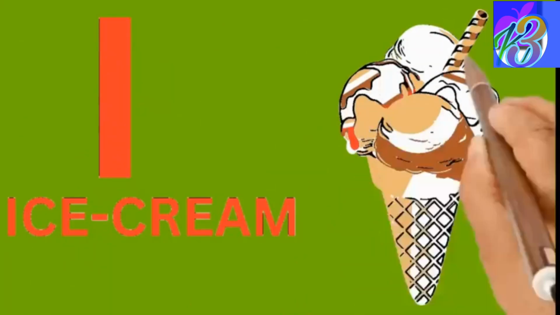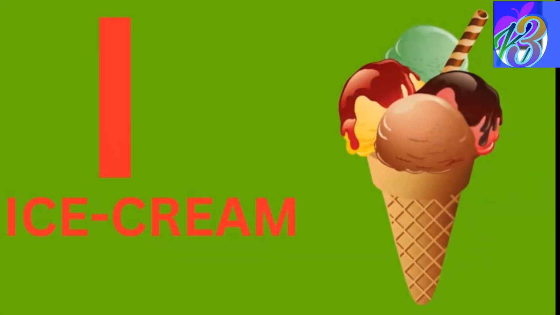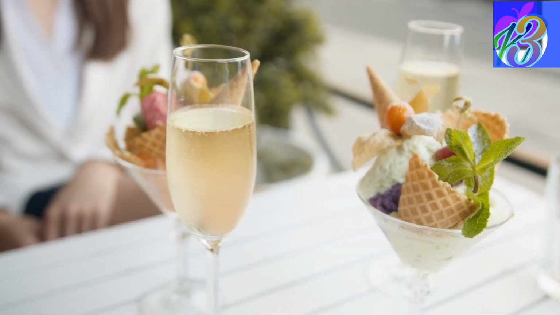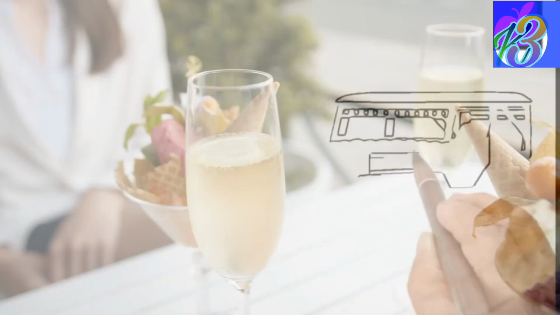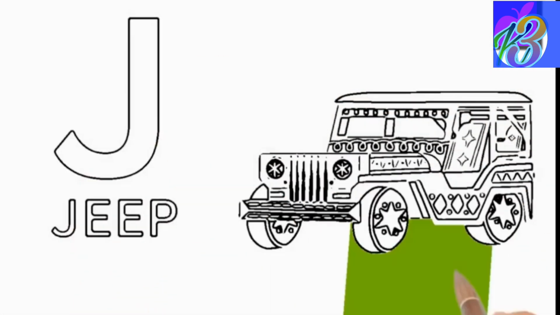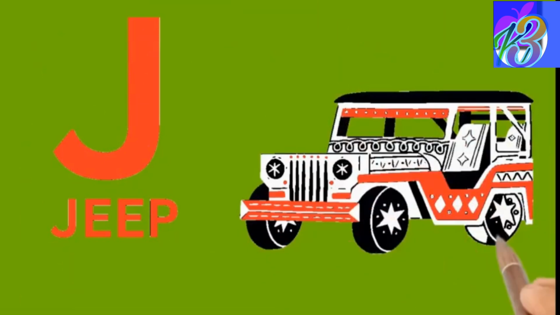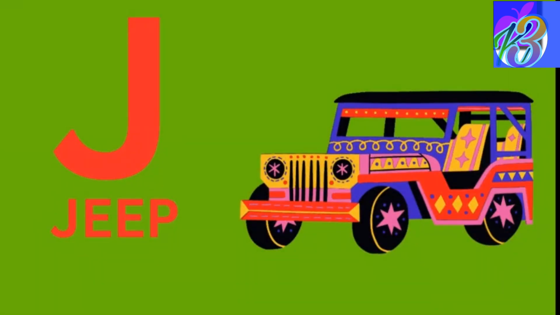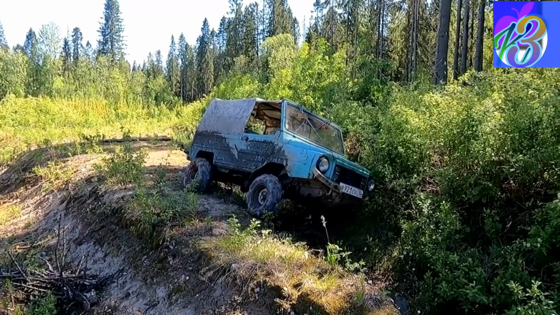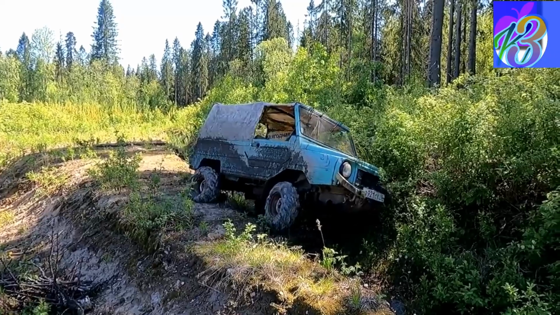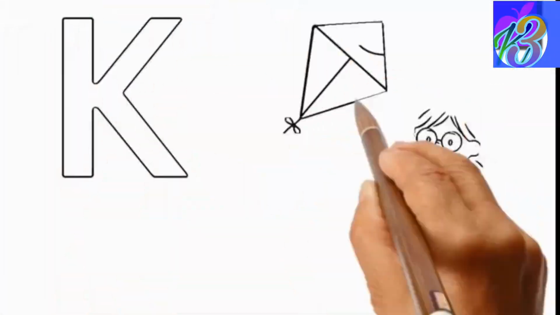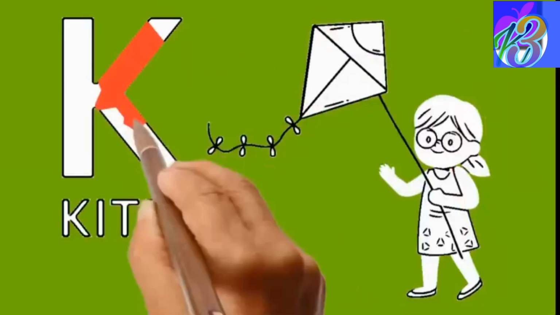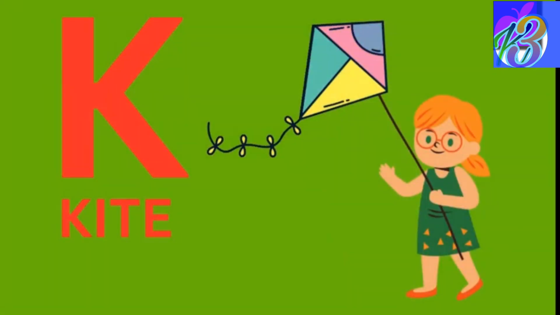I for ice cream. J for jeep. K for kites.